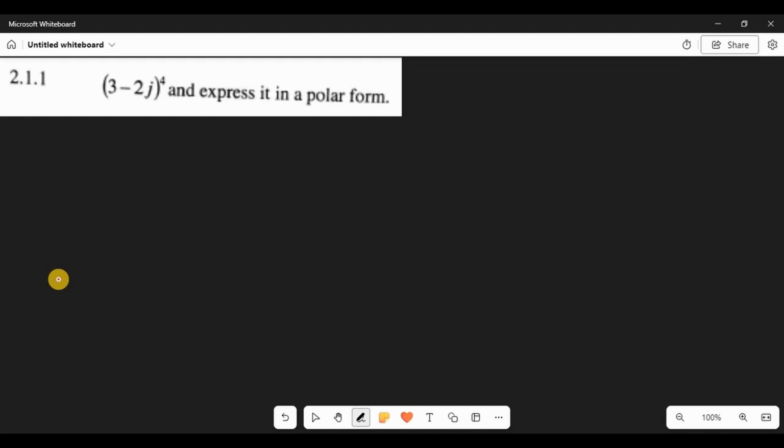Now they want us to take this and express it in polar form. As you can see, this is a complex number in rectangular form. I've already done problems on the rectangular form for complex numbers, so you can go to the videos and watch more about those. But when it comes to polar, I haven't done any videos, so I'm about to do those later on.